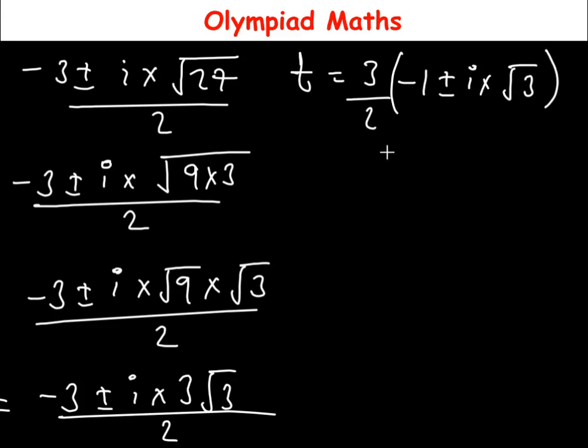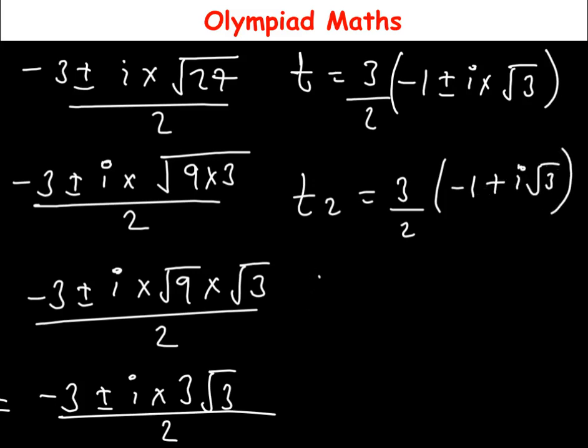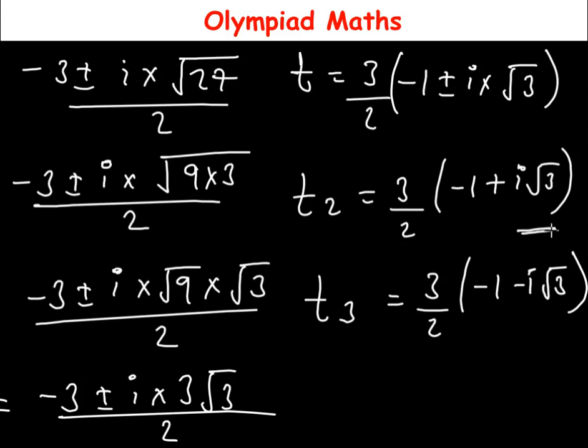So with this, the value of t2 is equal to 3 over 2 into bracket minus 1 plus i times root 3, while the value of t3 is equal to 3 over 2 multiplied by minus 1 minus i times root 3. Now, we've gotten the value of t2 and also the value of t3.